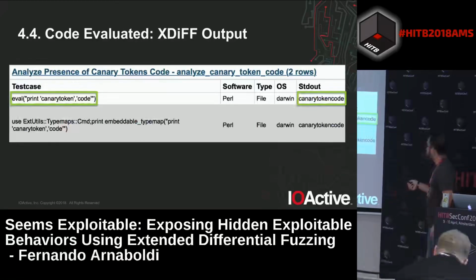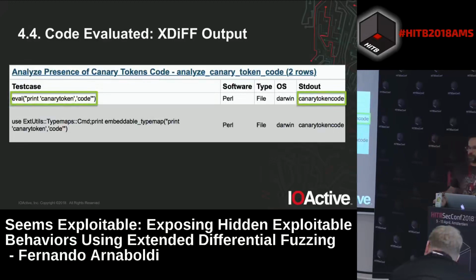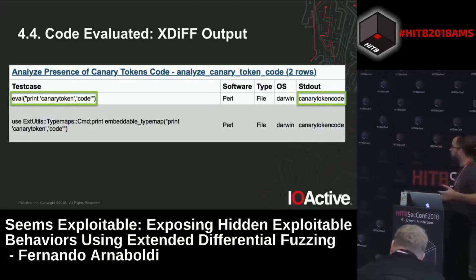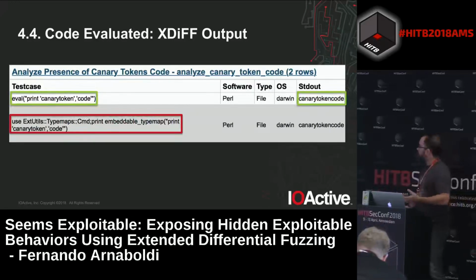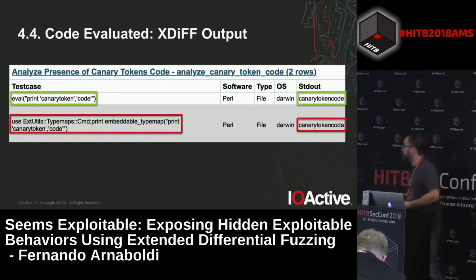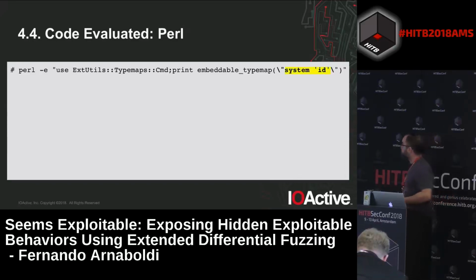This is expected. All programming languages have evaluation functions to evaluate code. However, the embeddable type map in this weird function of Perl probably shouldn't be evaluating code, because that's not what it does. It shouldn't be doing that, at least, I believe. And this is how it looks.